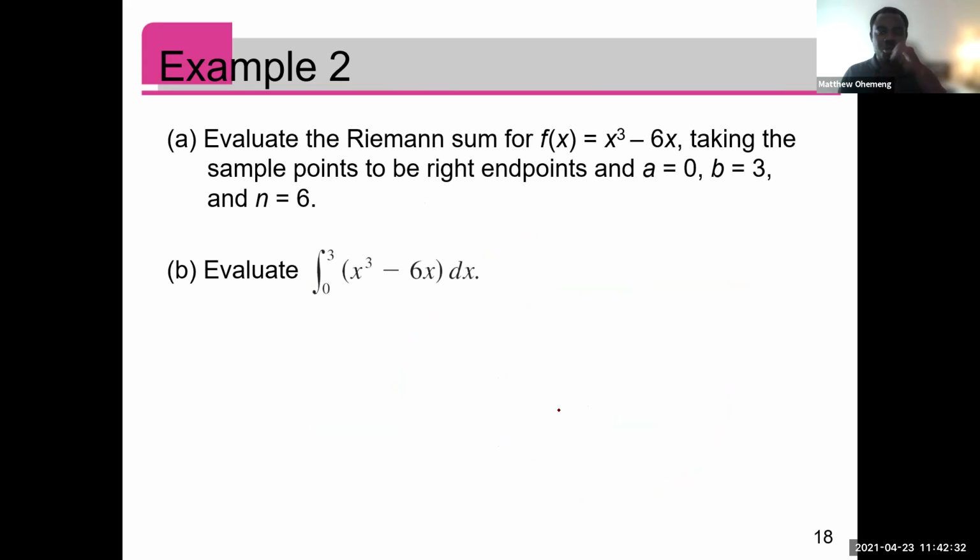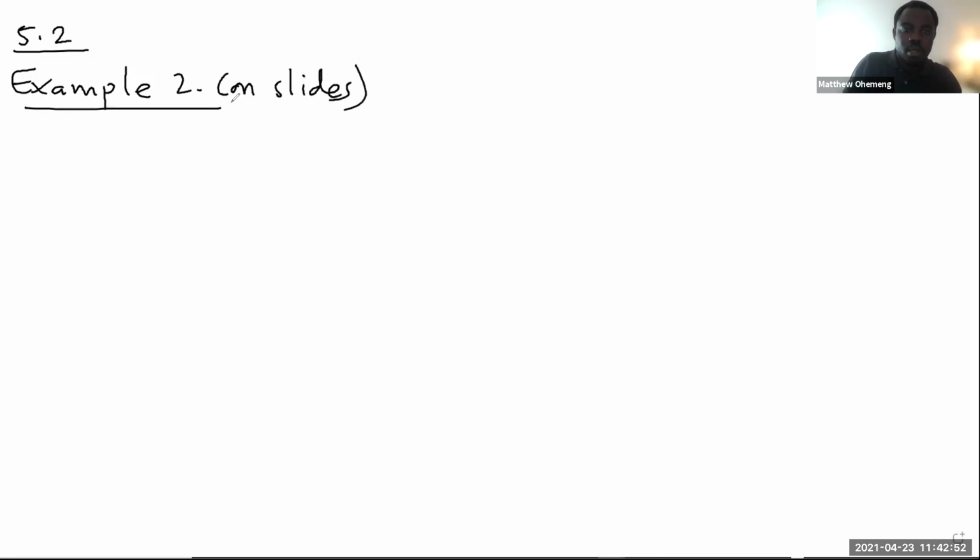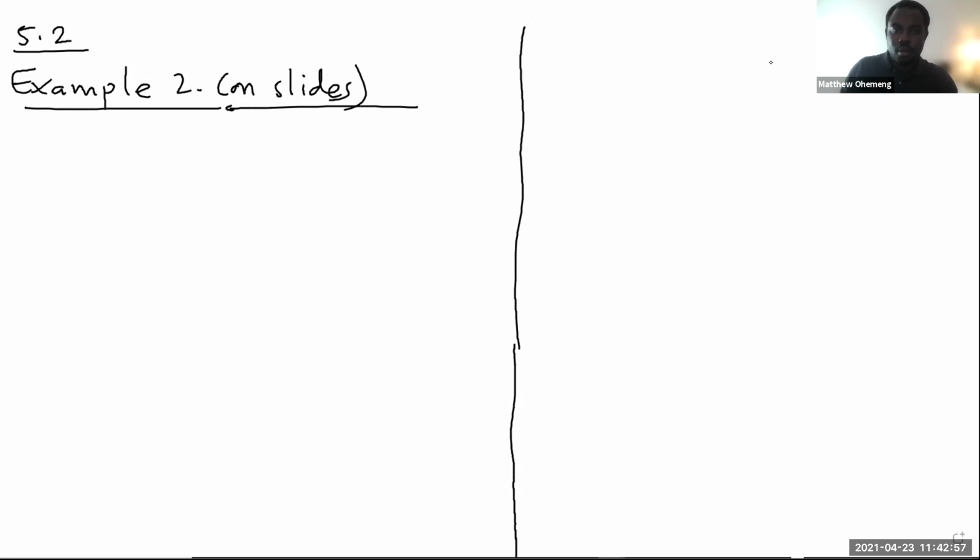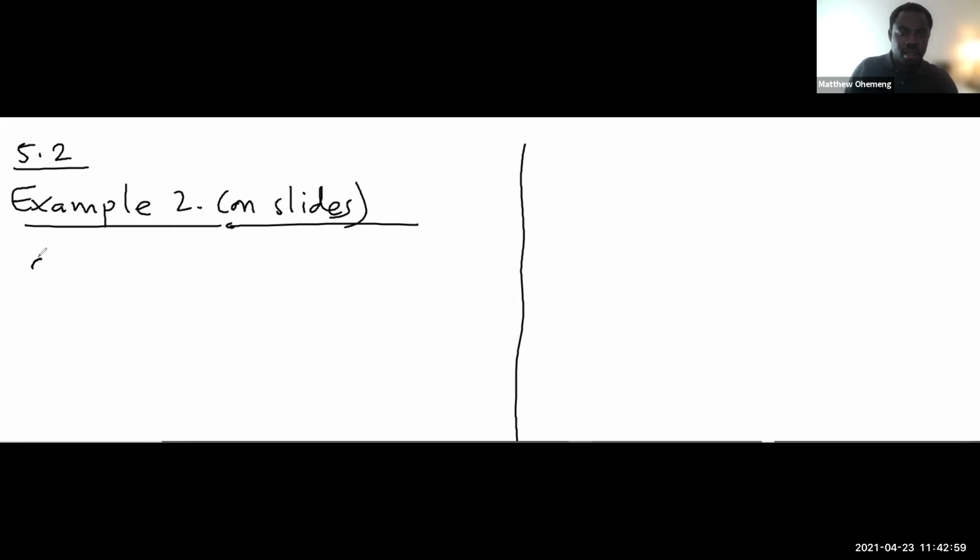Now let's look at example 2. I'm not sure if I'll have time to do the 2, especially the b. The b is going to be a long one, but let's start and see where we'll get to. So you're on 5.2. This is example 2. Okay, so a, we have the function f of x given by x cubed minus 6x.